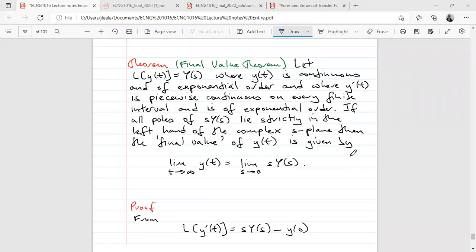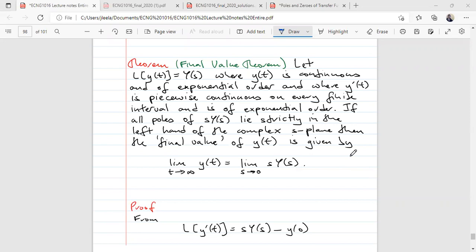So let's look at the final value theorem now. Let y(t) have the Laplace transform Y(s), where y(t) is continuous and of exponential order, and where y'(t), the derivative of y(t), is piecewise continuous on every finite interval and is of exponential order.